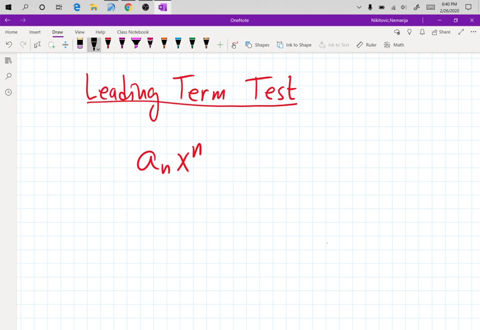So what we have is a_n x to the n, and what we have is a term which consists of two parts. Part number one is called leading coefficient. And part number two is just called variable part.